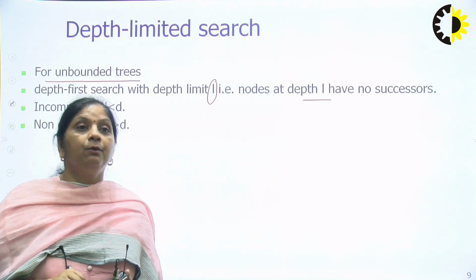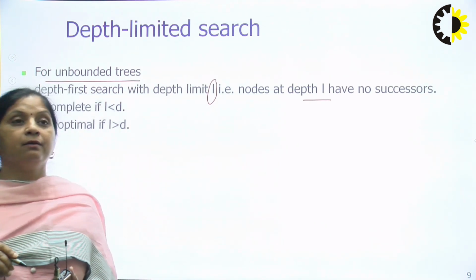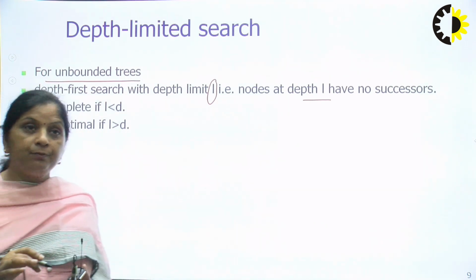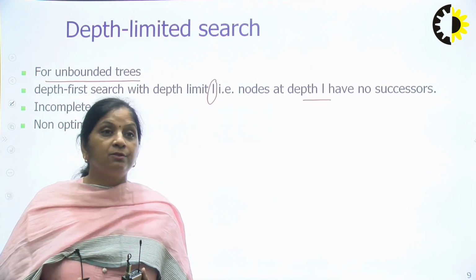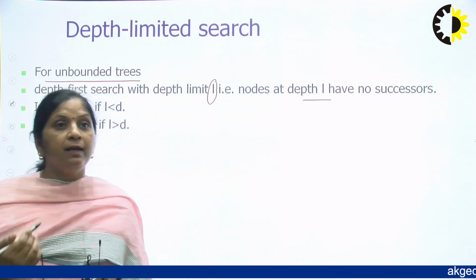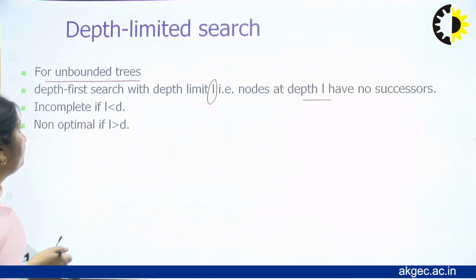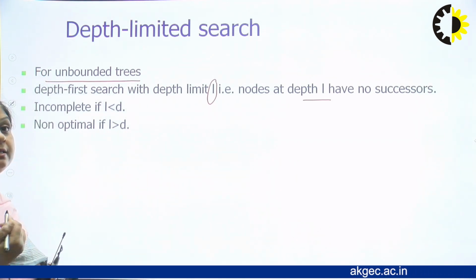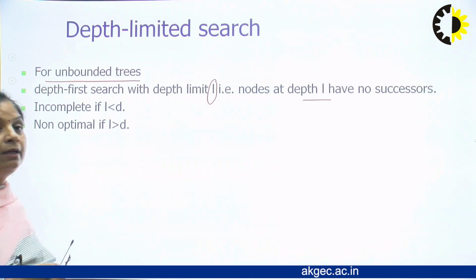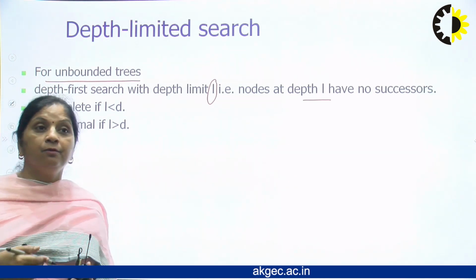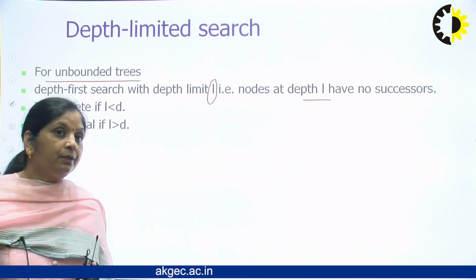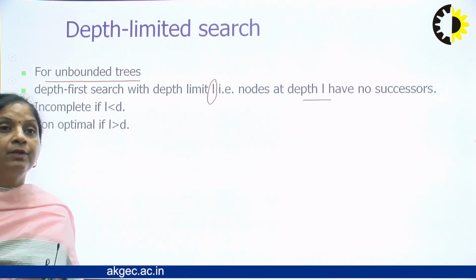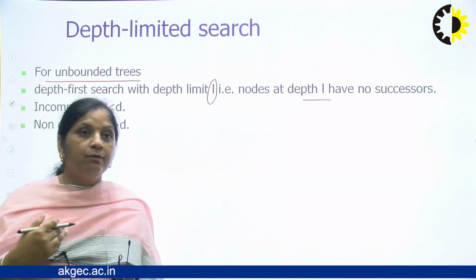Now, what is the major issue here? It solves the problem because it is depth first based search, so it is very good at space complexity. But it becomes a challenge to decide L, because we do not know where the goal node is, because if we knew, then what is the need of searching?